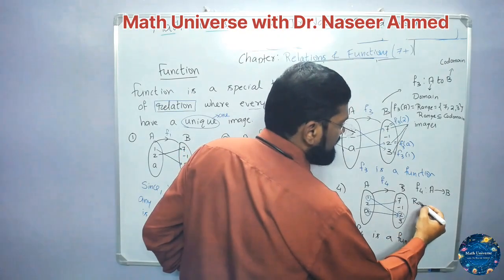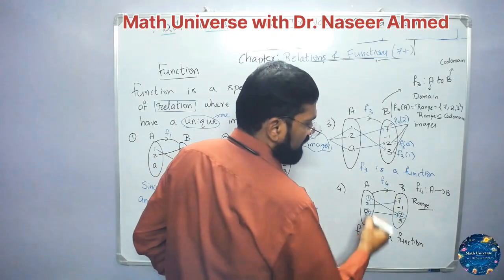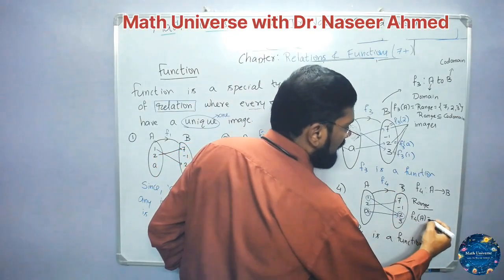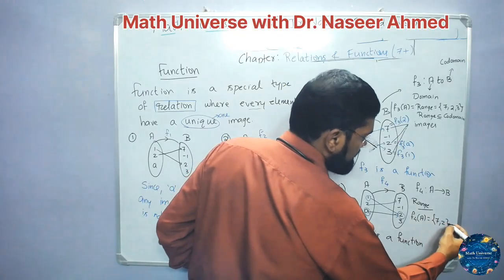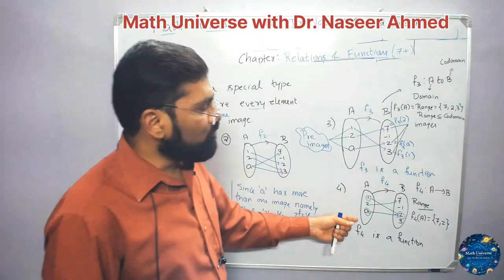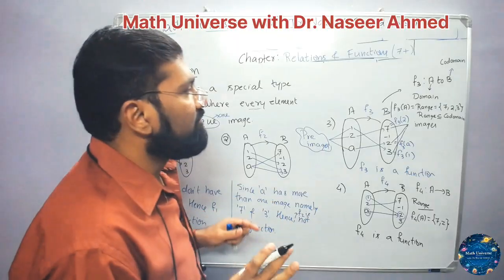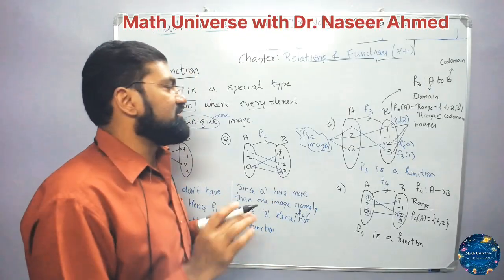Coming to the range, F4 is taking A and mapping to the elements 7, 2. That's it. So again, don't forget 7 and 2 are what? Images, and 1, 2 and A are what? Pre-images.